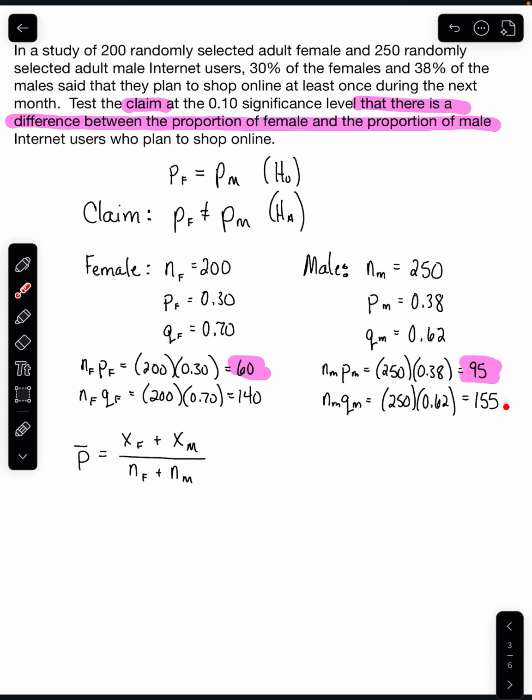Remember, in a binomial distribution, n times p is the mean. It is the expected number of successes. So literally, 30% of the 200 is 60. 60 females said that they were going to shop online. So we actually already know the number of successes from the female sample and the number of successes from the male sample.